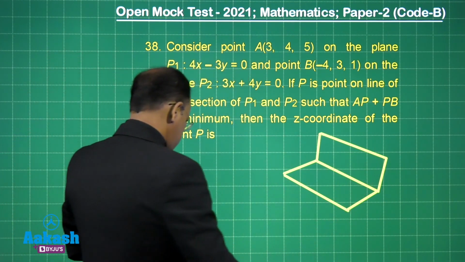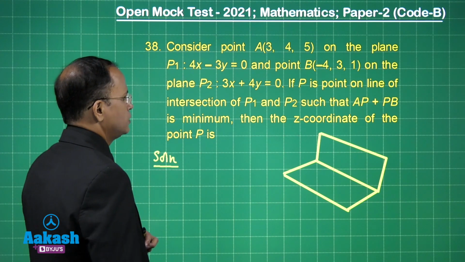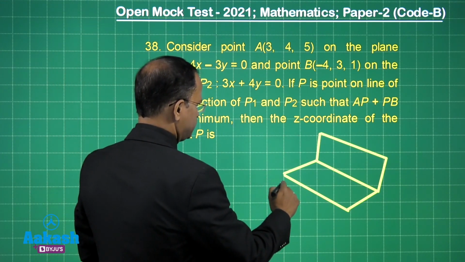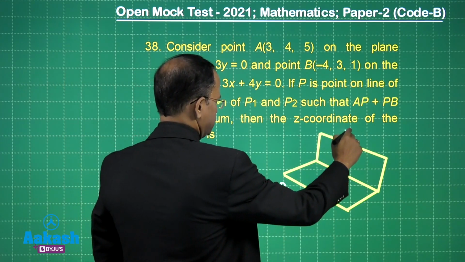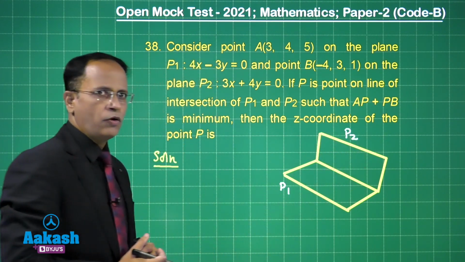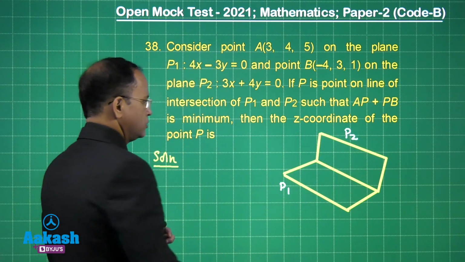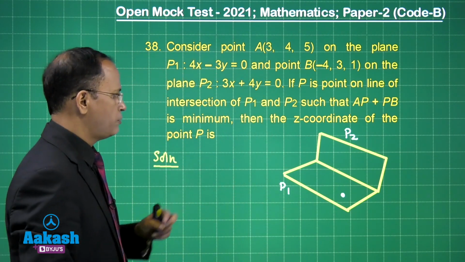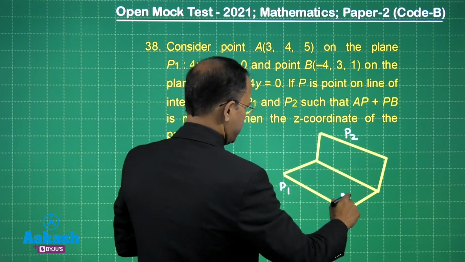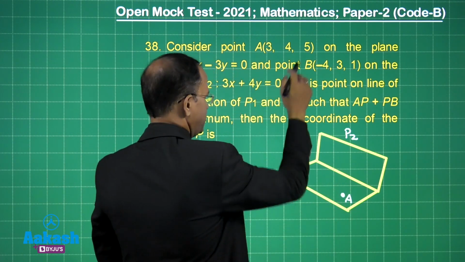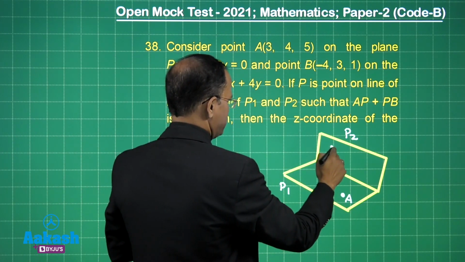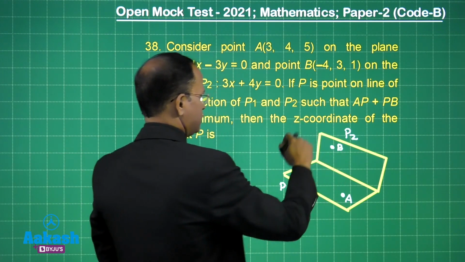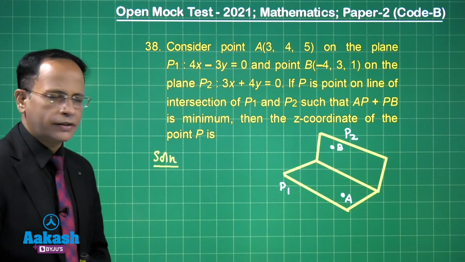This is plane number 1 and this is plane number 2. Say A here, which satisfies the equation of the plane P1, 3 comma 4 comma 5. So this is the point A. And then we have a point B.